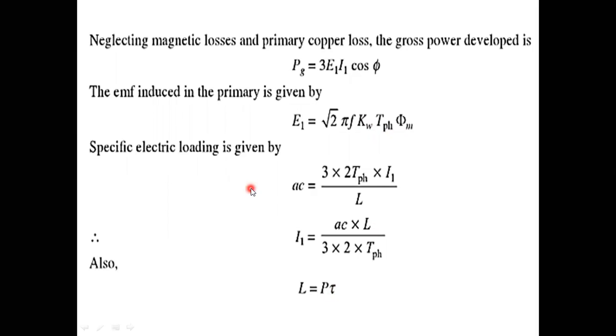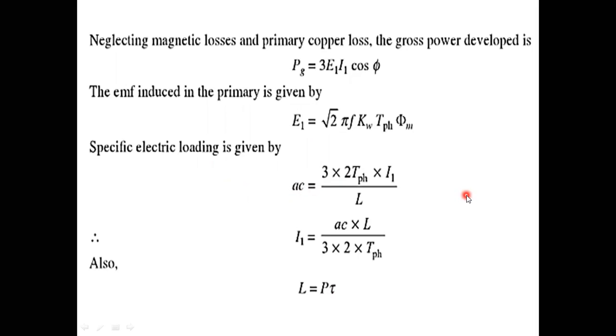And we consider the specific electrical loading, from normal electrical machines such as the induction motor. The specific electrical loading is given by A C equals 3 into 2 turns per phase into I1 by L. From this we calculate the primary current.